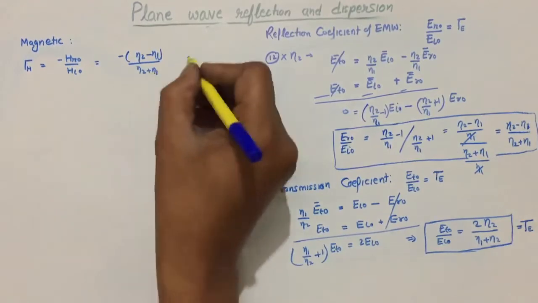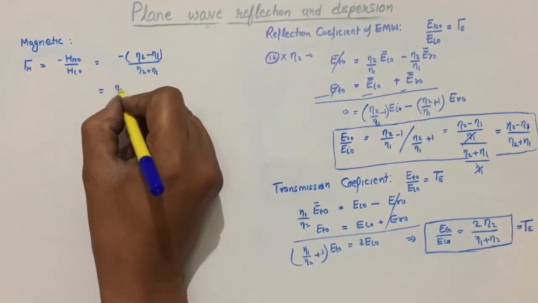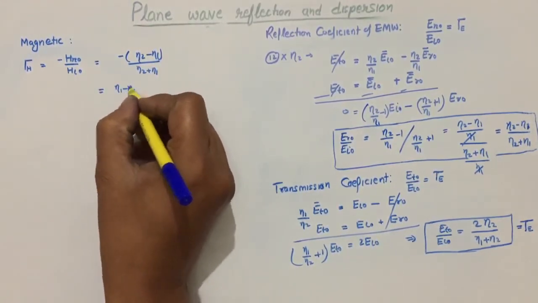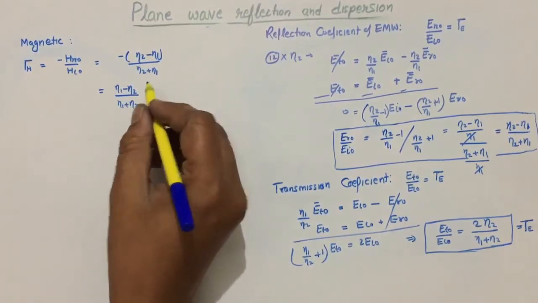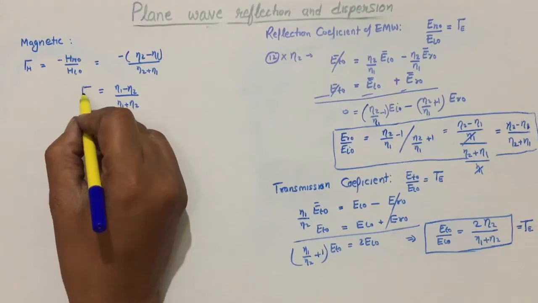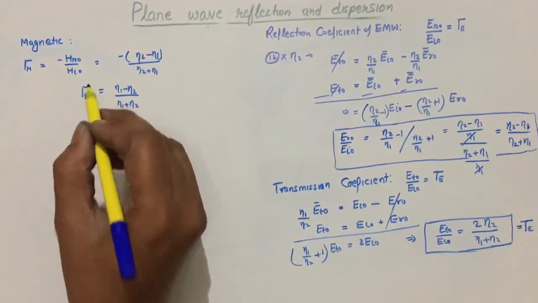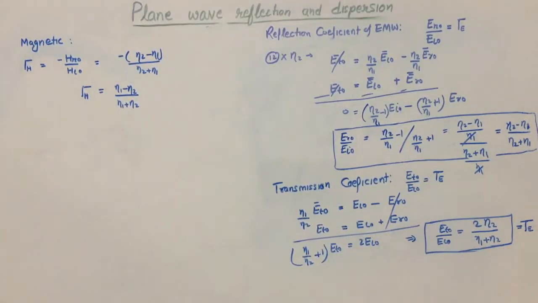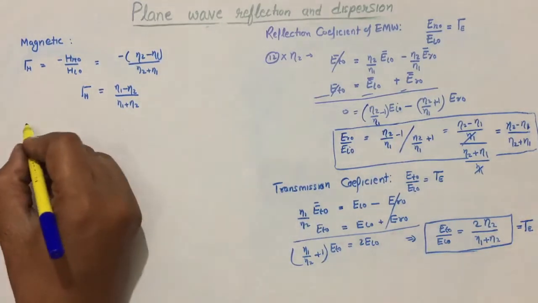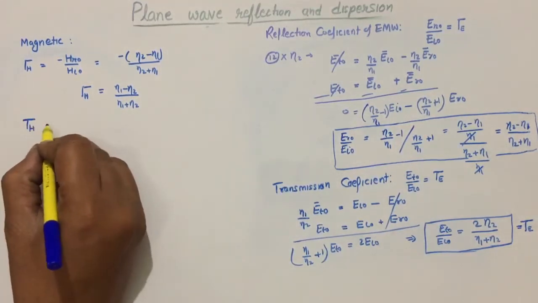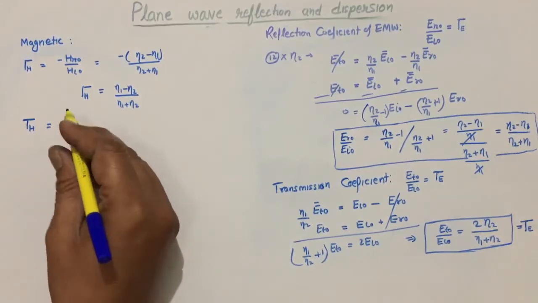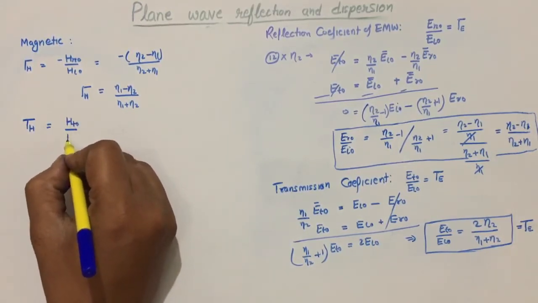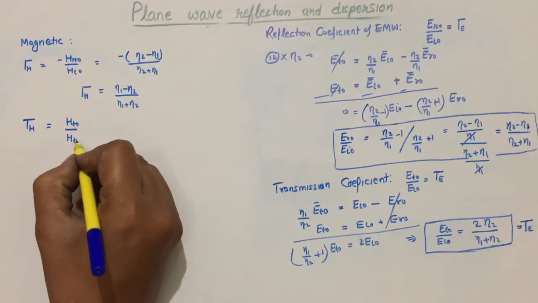So after simplification it will give eta 2 divided by eta 1 plus eta 2. So this is the reflection coefficient for magnetic field. Similarly, the transmission coefficient can be written as, the transmission remains in the same direction, H t naught.